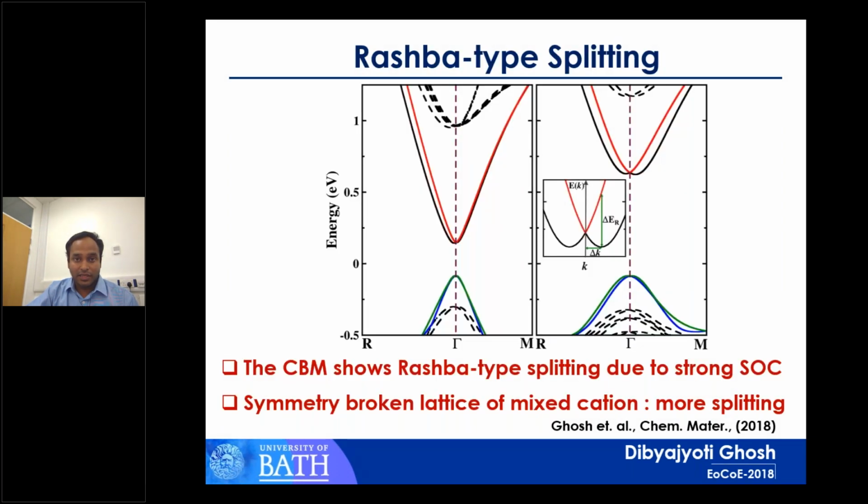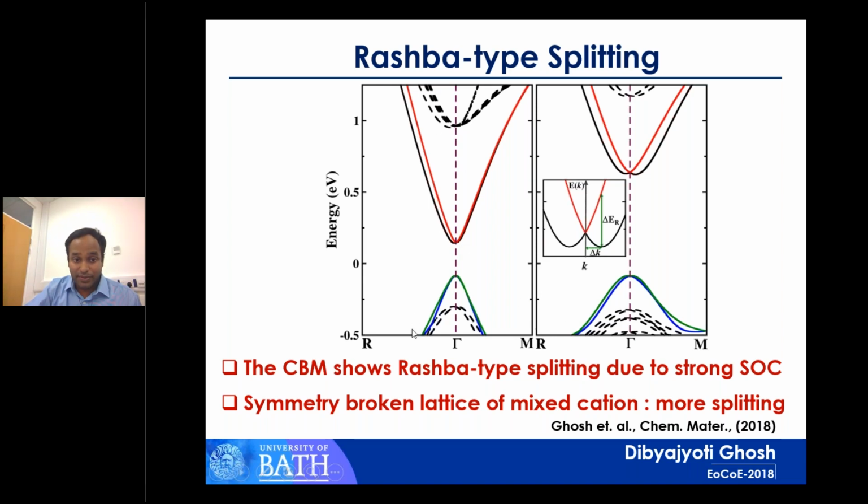Also, we look into the band structure of it at high symmetry points. When we incorporated the spin orbit coupling, we found that for the high symmetry one, that is formamidinium lead iodide on the left side, as you can see, it's split, but not that much. The splitting is not that much because it's still in high symmetry.